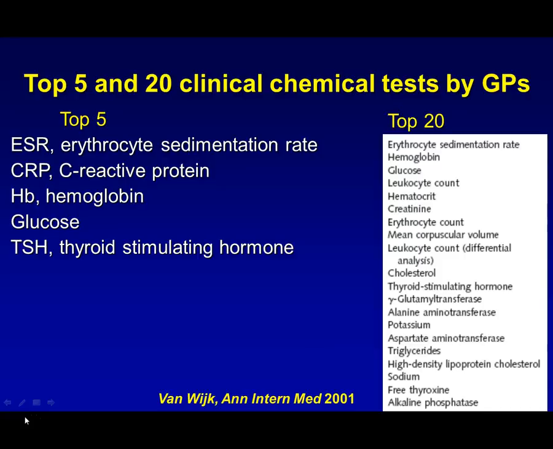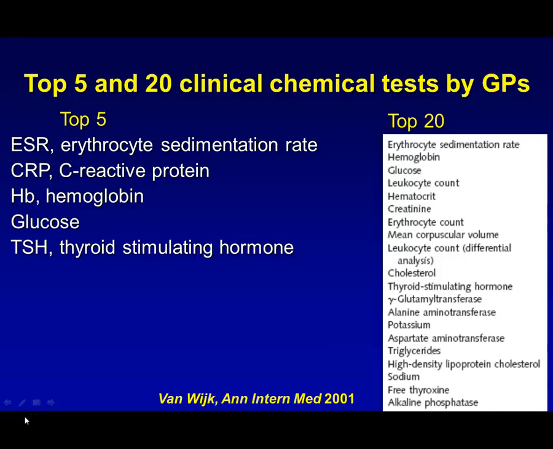After that top 5, we have a top 20, which includes more detailed examination of anemia causes, which can be, for example, measured by differential analysis of the parameters of erythrocytes, but also kidney function, which is measured by creatinine and the derived glomerular filtration rate, liver function, which can be determined using the alanine aminotransferase and the aspartate aminotransferase levels, which all increase with liver damage.